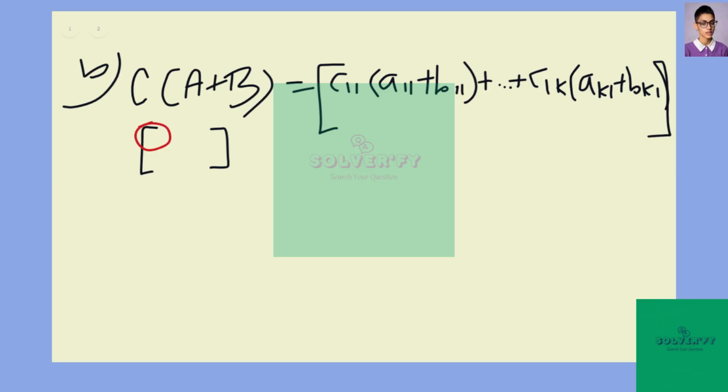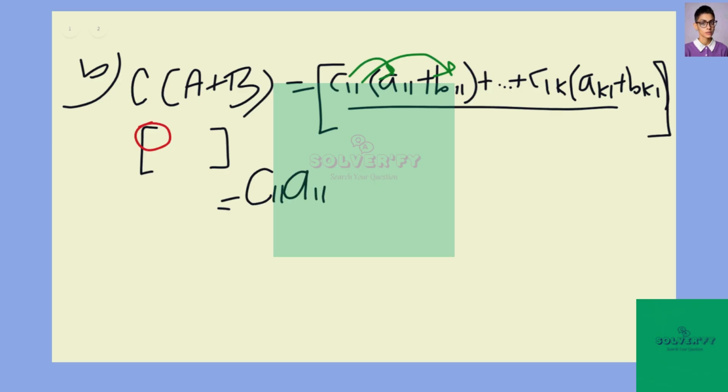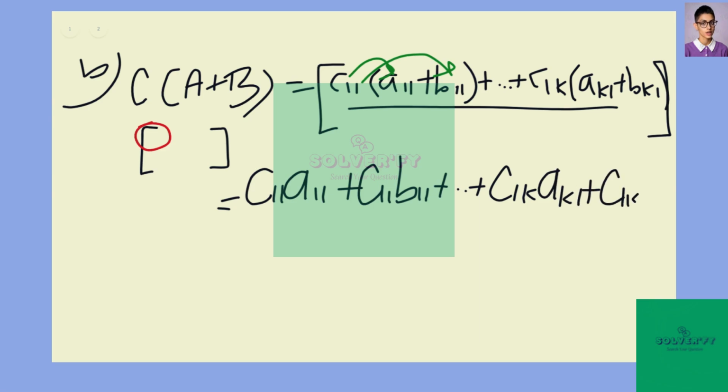But if we take this expression and again use the distributive property, we can write it out as C11A11 plus C11B11 all the way down to C1K AK1 plus C1K BK1. And then we can corral them, right? The way that addition works is we can change the order any way we want.